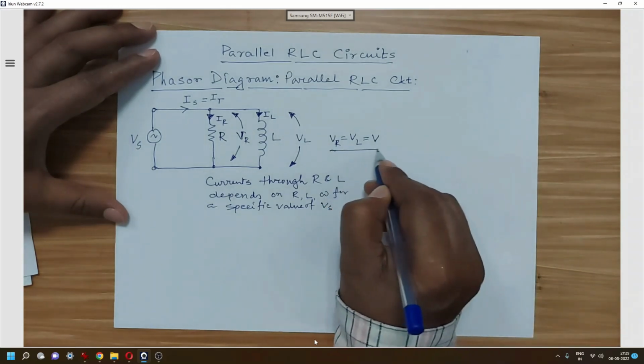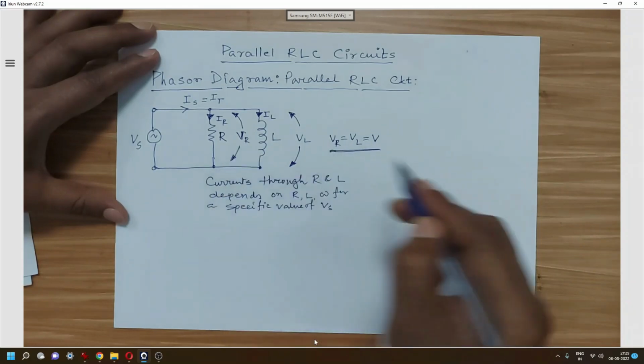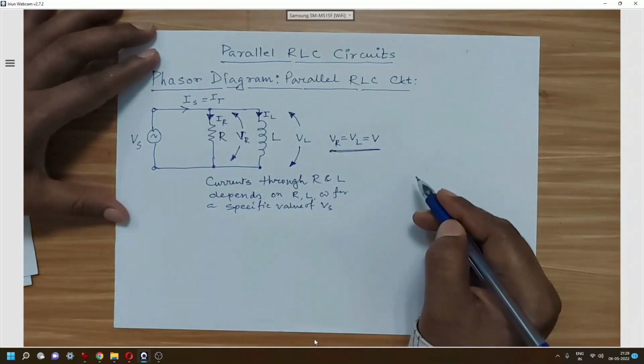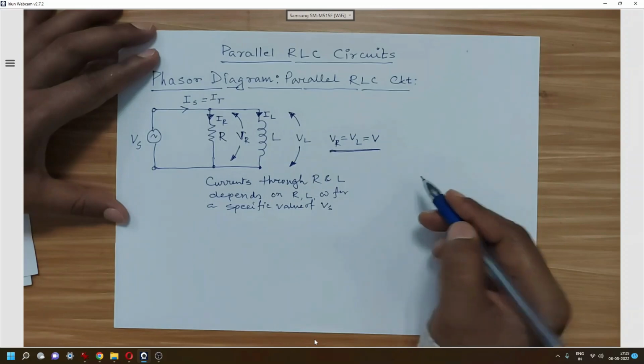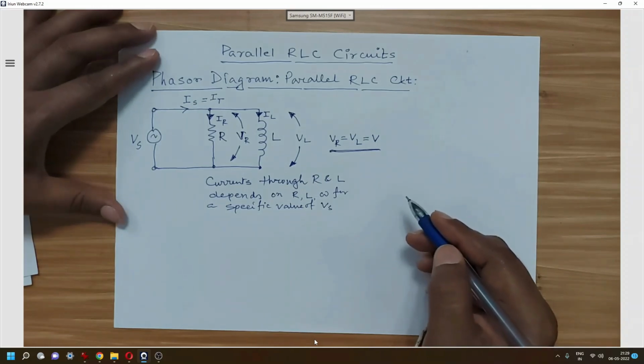So here you can see the voltage associated with all the elements is same in parallel circuit. In case of series circuit, current was same, so that's why current was taken as a reference phasor for drawing the phasor diagram of series RLC circuit.